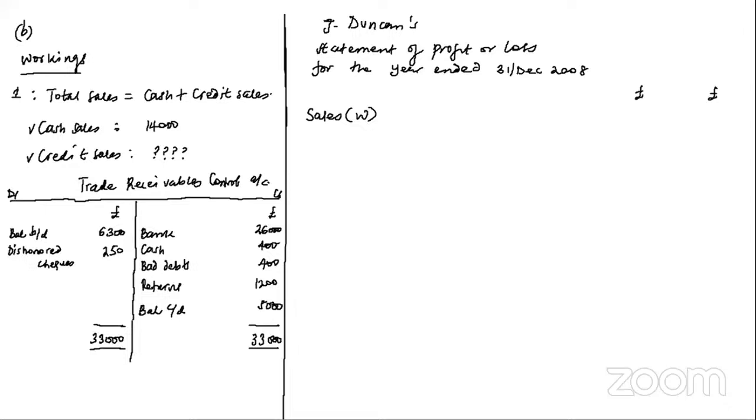When I minus 6,300 and also minus 50, we come up with the credit sales figure.